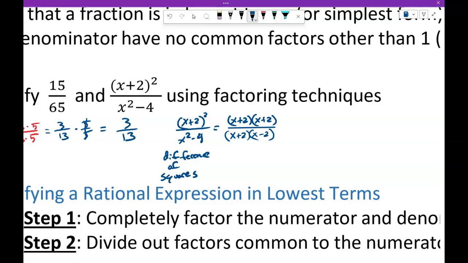And so here we see that we have these common factors. We have x plus 2, and then x plus 2 over x minus 2. Well, one matching set of x plus 2 will eliminate, leaving us with just x plus 2 over x minus 2.